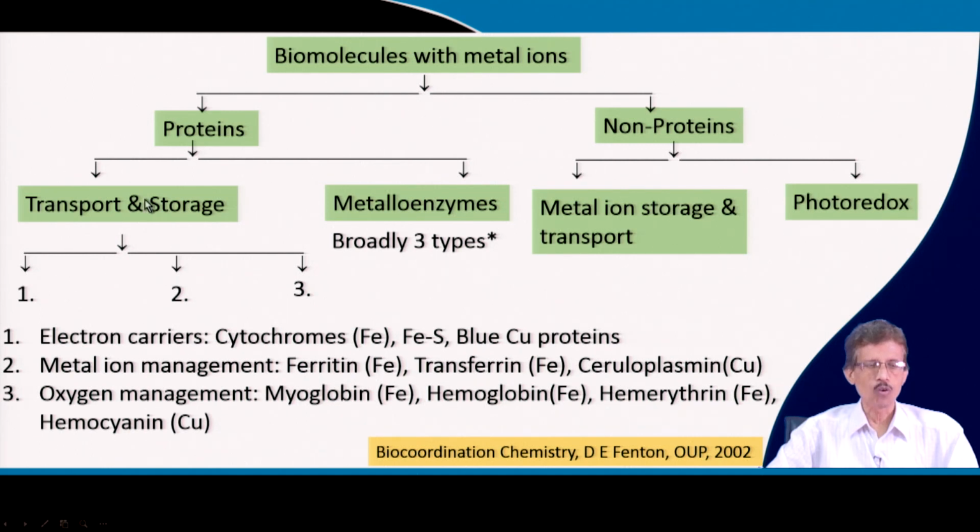It can be involved in either oxygen transport or storage, and it is a protein type. That protein type belongs to one particular category, the metallobiomolecules of protein type, and those protein type molecules can be either myoglobin or hemoglobin.